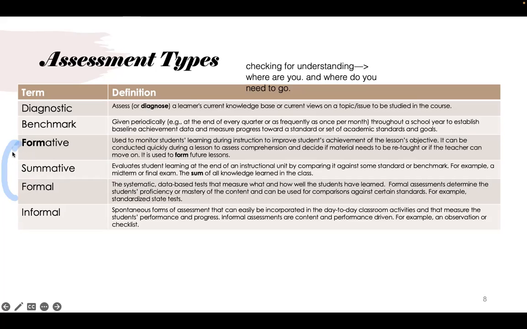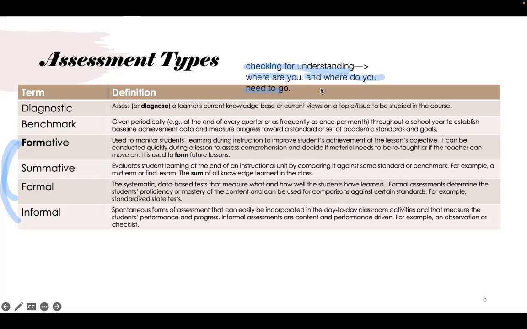And informal, again, walking around, listening to the cooperative learning groups, having a conversation with the students, walking past them and making an observation as you walk past their desk. All of that is a gathering of data to check for understanding, to see where they are and where they need to go. And more importantly, how can you help them?